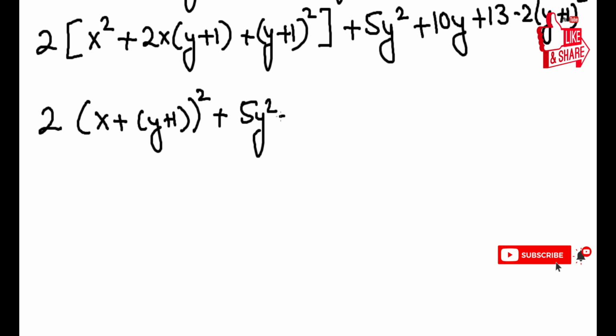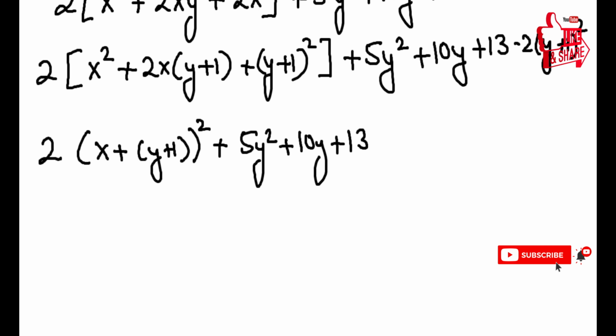5y² plus 10y plus 13, and we open this bracket, (y plus 1) squared. What will you get? When you open this bracket, you get negative 2y², then negative 4y, and then negative 2. Right? Then let's do some more math here.